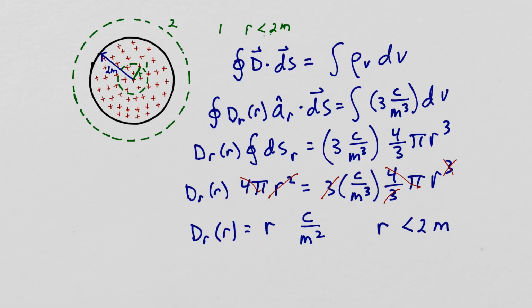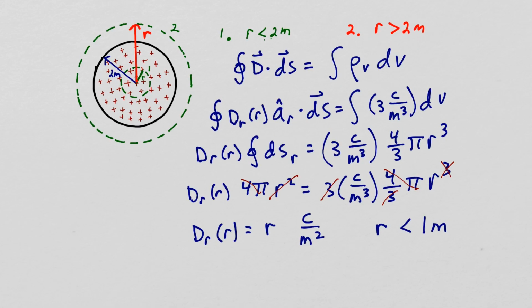Now let's look at the region when r of our Gaussian surface is greater than 2 meters. Nothing will change on the left side of Gauss's law. The right side is going to change because the charge inside our Gaussian surface will always be the same. It will be the total charge on our sphere.